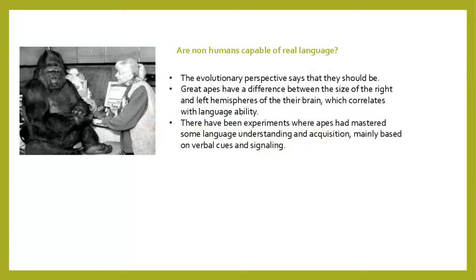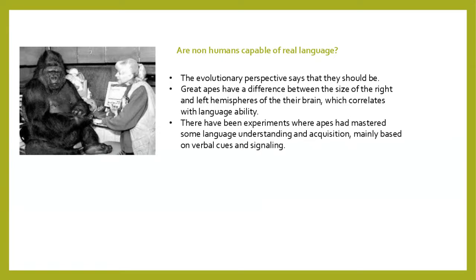So it leads to the question: are non-humans capable of real language? The evolutionary perspective says they should be. When we look at how we have evolved for different things, animals do communicate, but they don't necessarily communicate through language or speech.